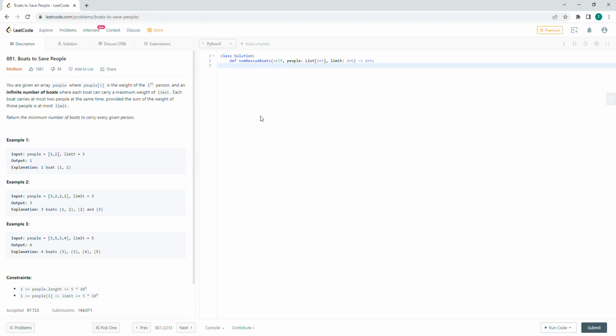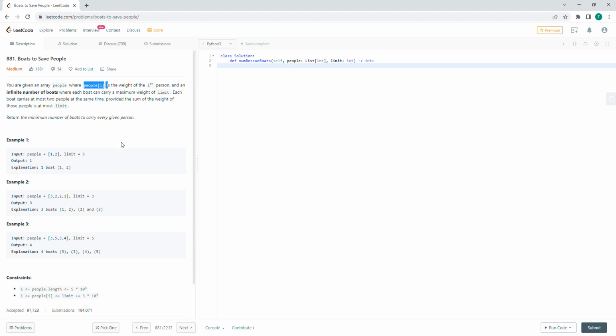So to do this, we're going to create an algorithm that uses two pointers as well. Let people at index i be the weight of the ith person, currently the lightest person, and we're going to put it with the heaviest person, people at index j.